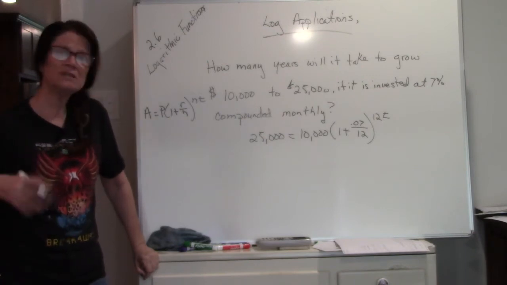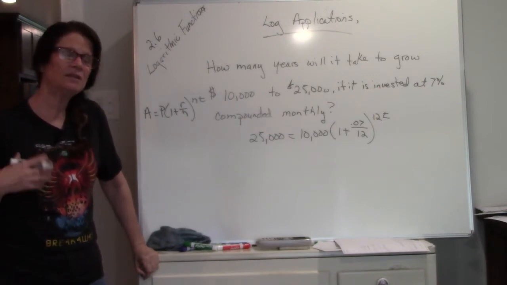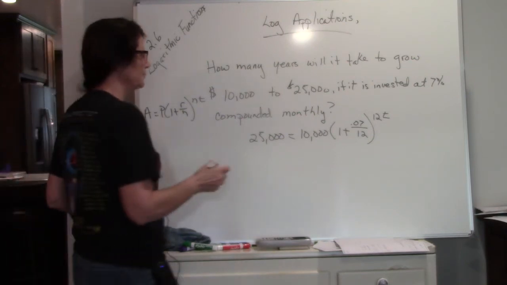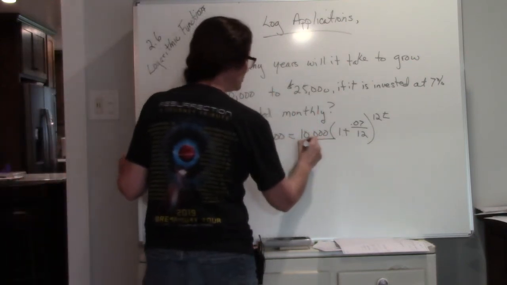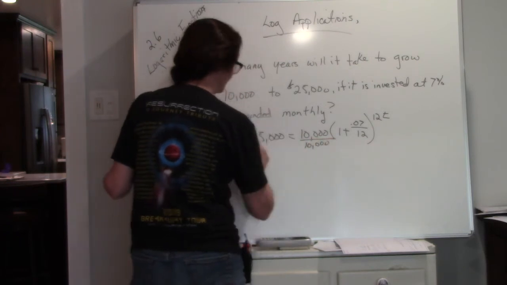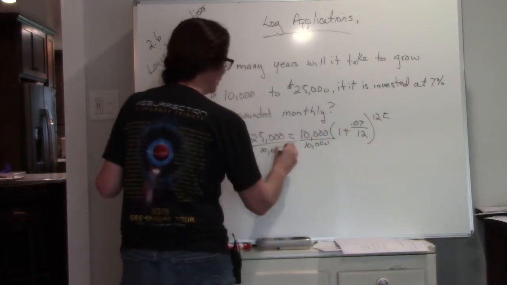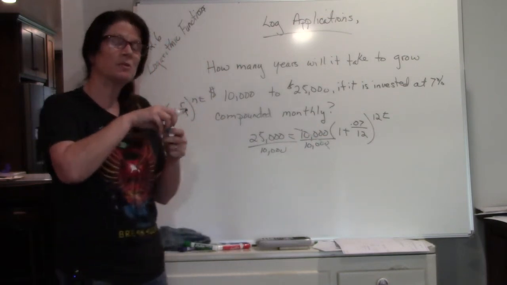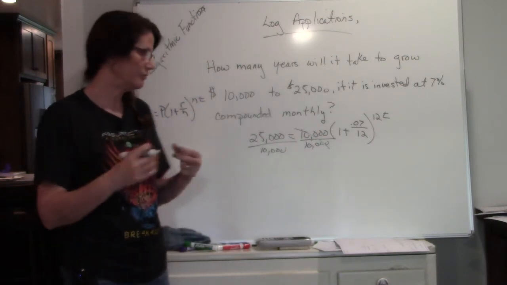All right, now this one is a little bit more complicated than the continuous compound one, but not too bad. So again, first thing I'm going to do is divide off my 10,000. So the goal is to get that t by itself. So what I'm going to do is start peeling things off. Okay?